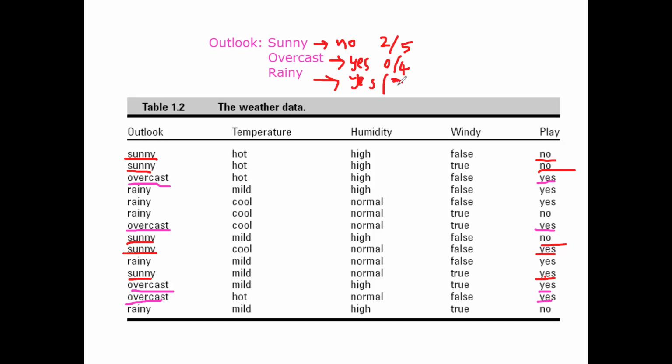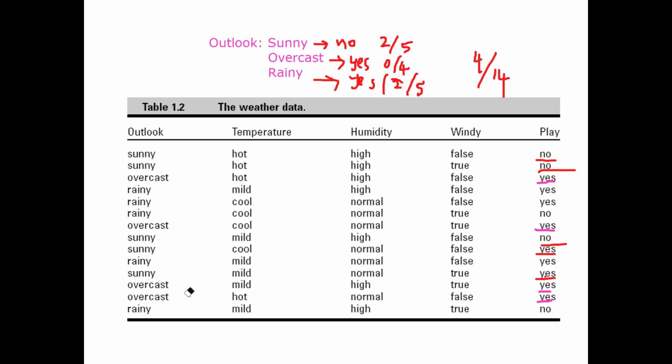So there are 2 misclassifications divided by 5. So this is what we have. The total error, if you combine these, is 4 divided by 40. So that's what we have done for this.